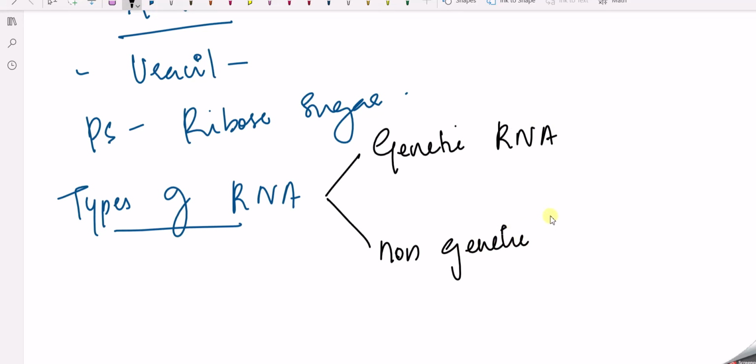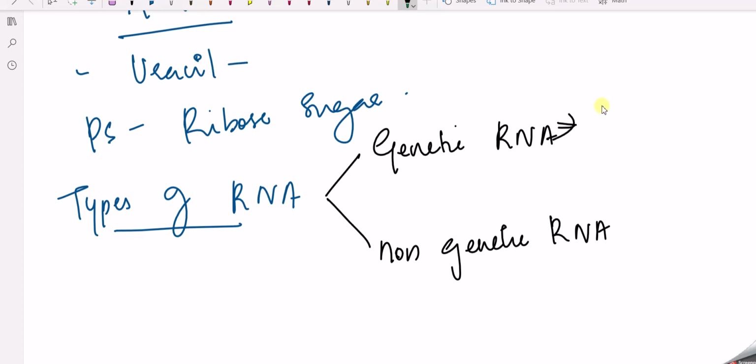What is this genetic RNA? In some organisms, instead of DNA, their genetic material is RNA. In humans, our genetic material is DNA, but in some organisms, they have RNA as genetic material. Can you give me an example for such an organism?